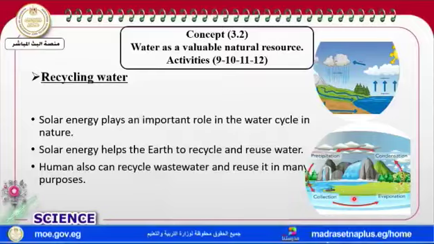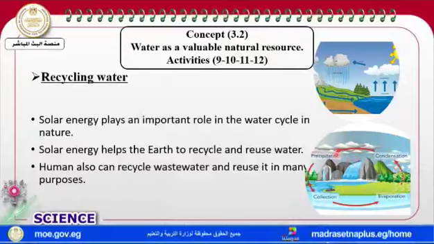But my dear students, in nature, recycling water takes place. How? How is the water recycled? Look at this picture. There is the water. Firstly, the sun's energy plays an important role in the water cycle. By what? The water evaporated. And after evaporation, it will condense, forming the cloud.